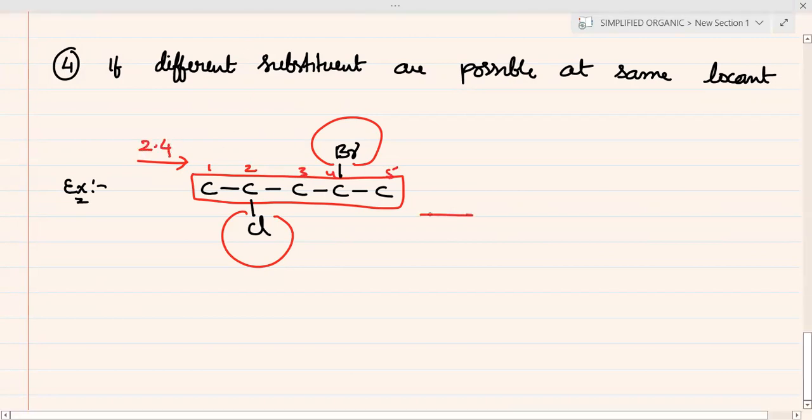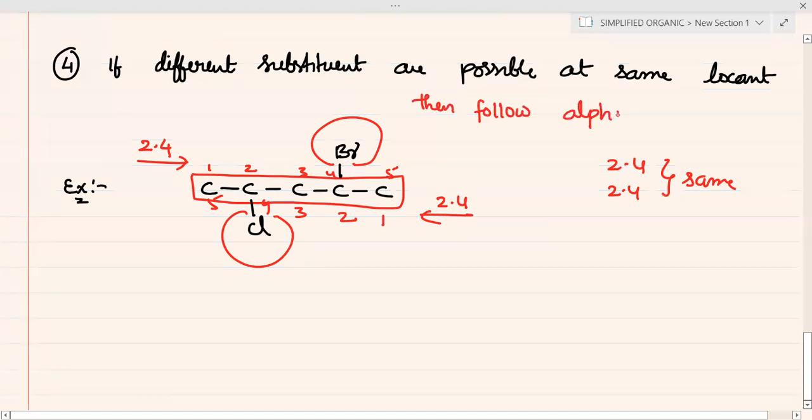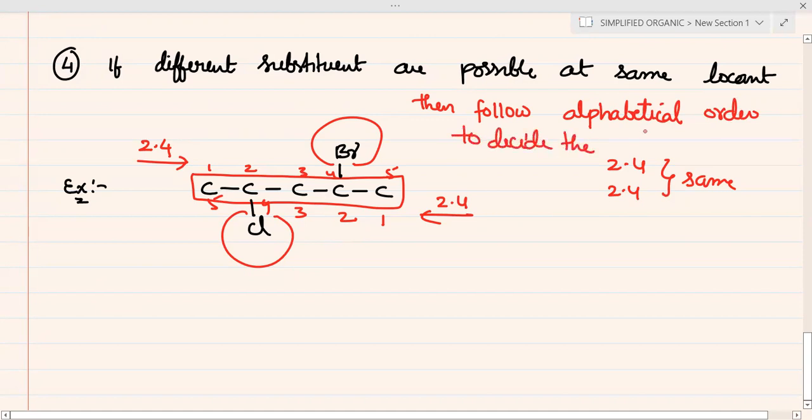And if I number from the other direction, 1, 2, 3, 4, 5, the locants are also 2, 4. So when locants are the same, what to do? The rule says then follow alphabetical order to decide the direction of numbering.